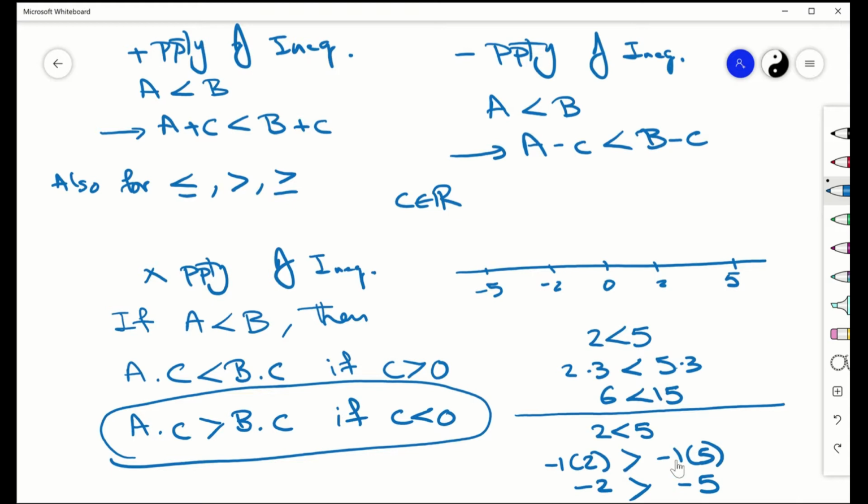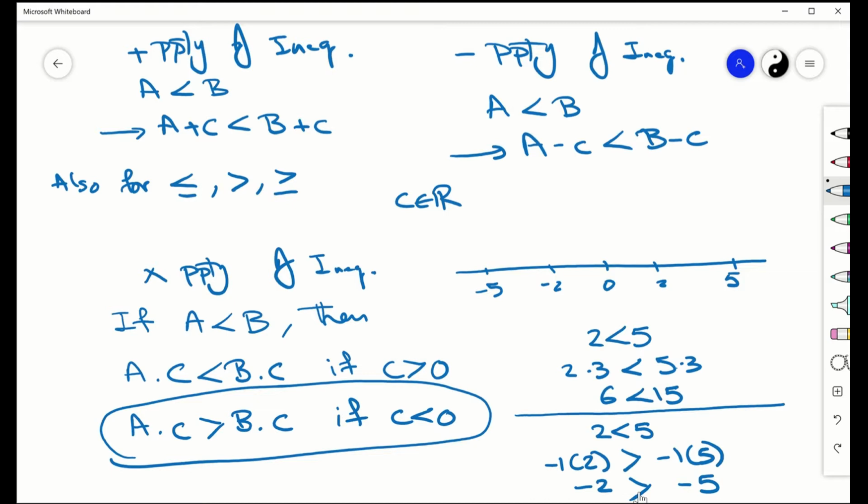So that is one of the few things you have to watch out for when it comes to solving inequalities. Multiplying both sides of an inequality by a negative number changes the direction of the inequality. And that's that.